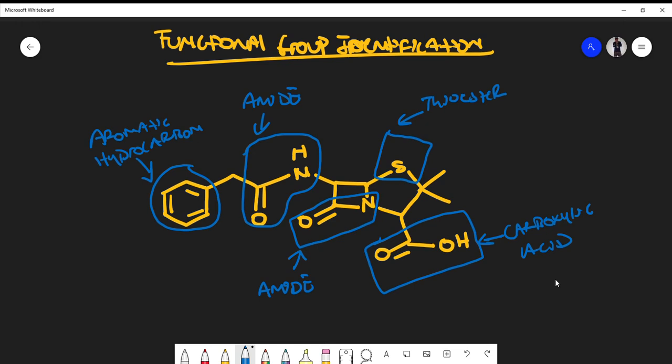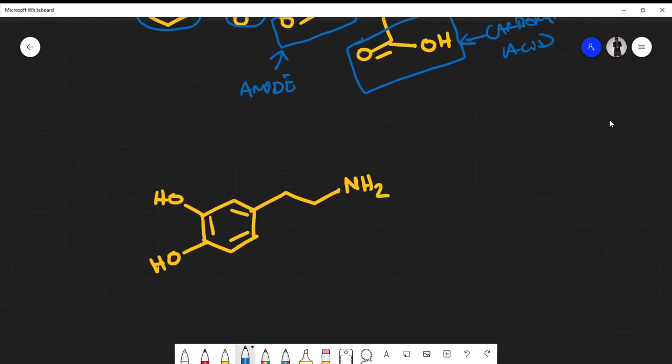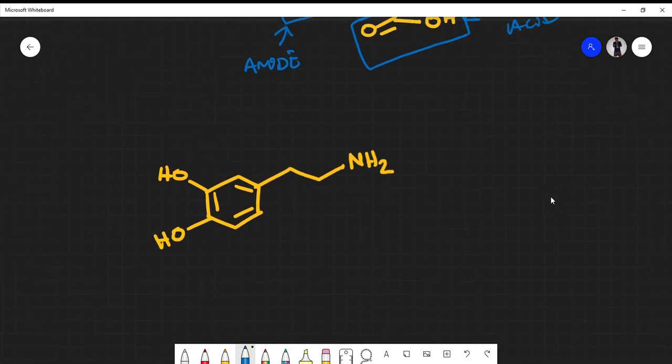But at the undergraduate level, a thioester is something that you shouldn't worry about. But the carboxylic acid, the amide, and the aromatic ring should be something that you should be very comfortable identifying. Let's continue our conversation.